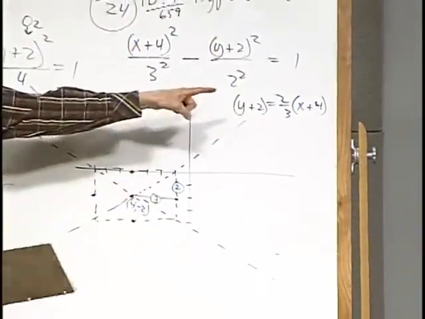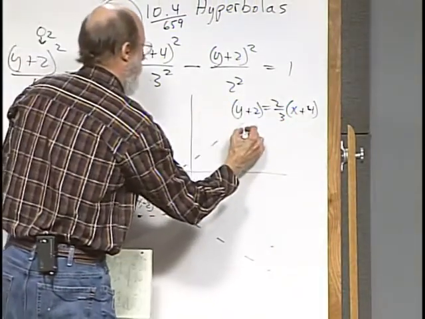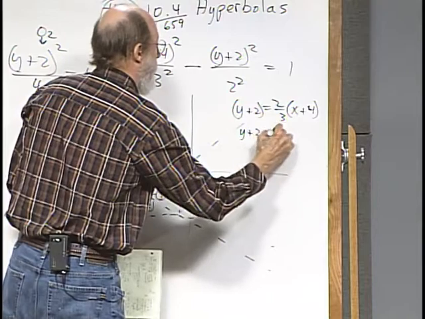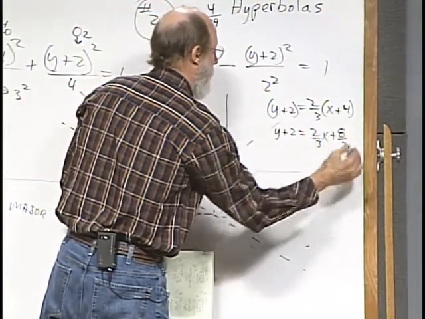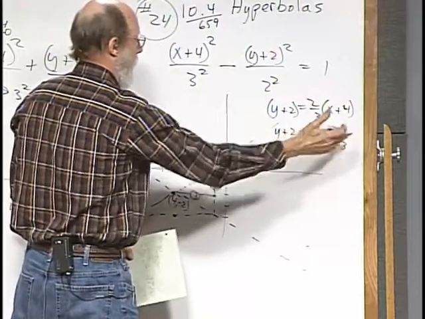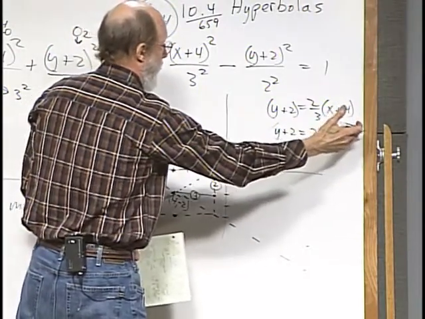So there's the point slope equation, and then you can solve that for its slope intercept form. So you have y plus 2 equals 2/3 x plus 8/3, and you move 2 over to the other side, which is 6/3 negative.